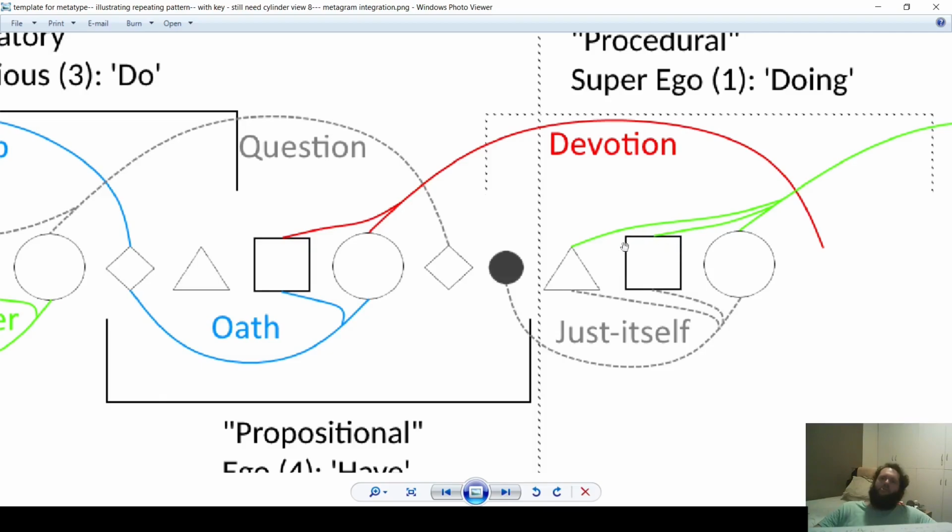This dominant function will be one of the loudest undergirding themes that essentially dominate their entire life in some sense, dominate the narrative of their life.